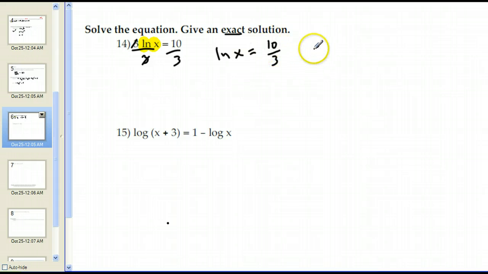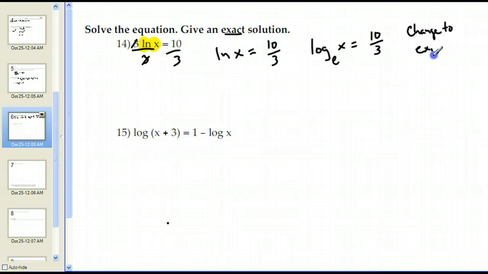Now, this is the way I do this problem. At this point I would rewrite it as the log base e of x equals 10/3, and then change it to exponential. By that I mean take the base, go across to pick up your exponent.